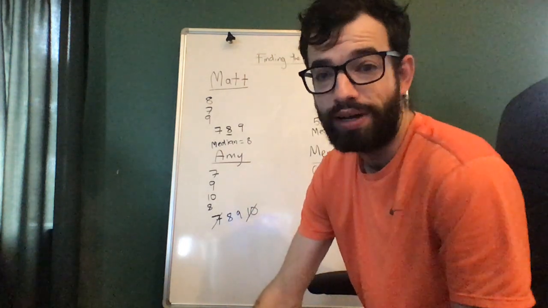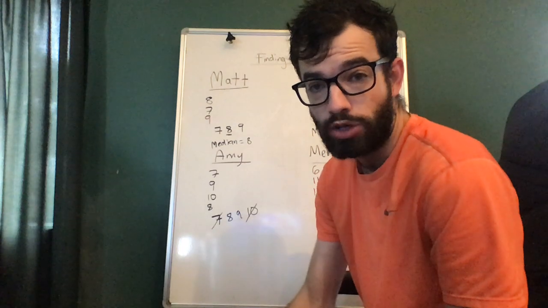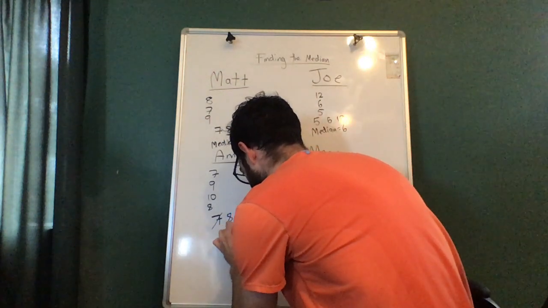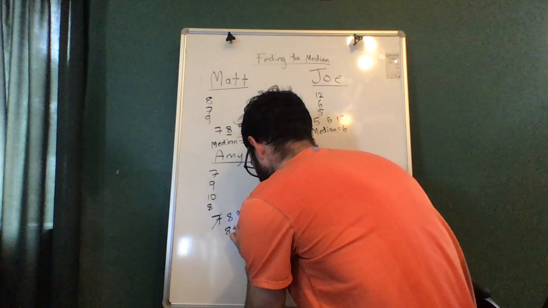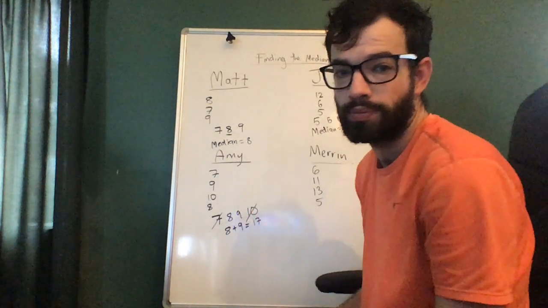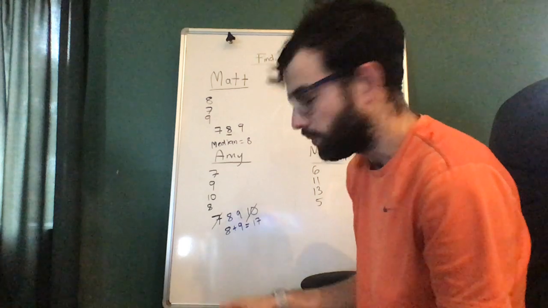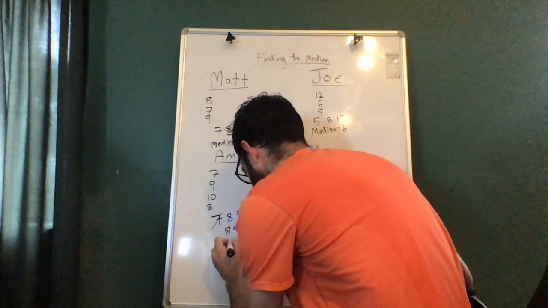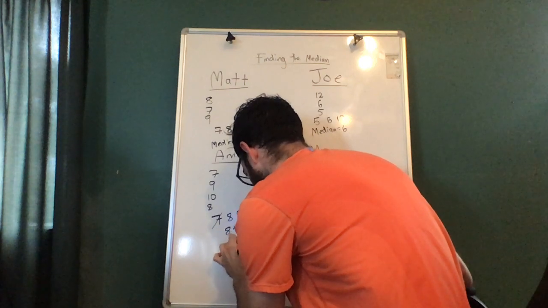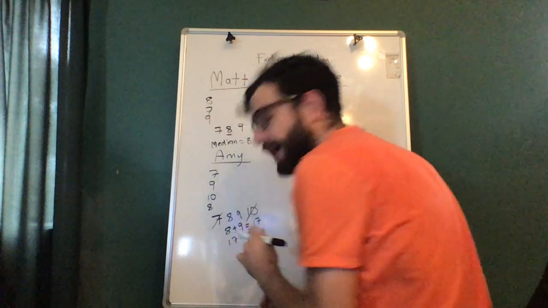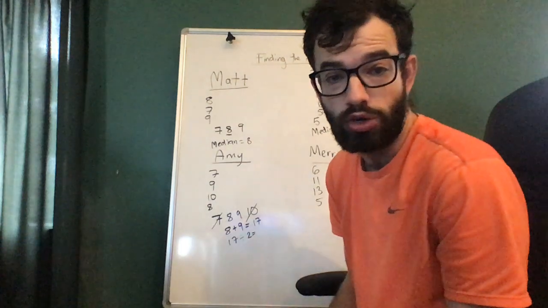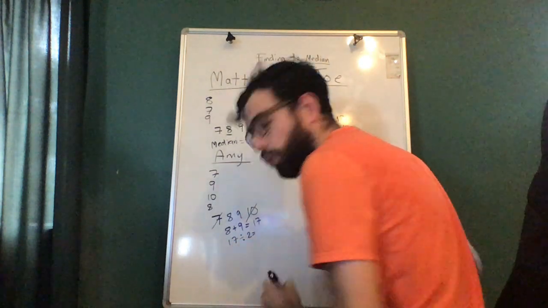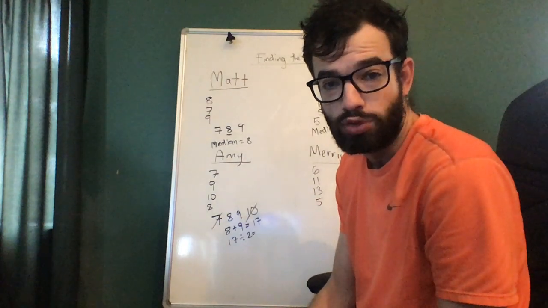So when there are 2 numbers in the middle, what we do is we add them together. So we go 8 plus 9, which equals 17. Okay. After we have added them together, we then divide them. So 17 divided by 2. So we add them together and then divide by 2, and that will tell us exactly what number is halfway in between 8 and 9.